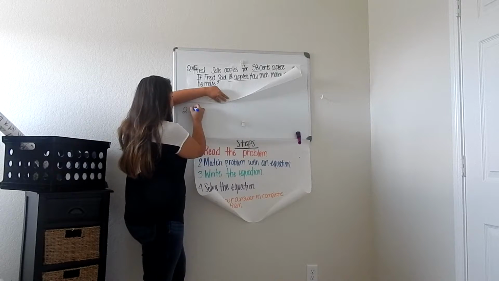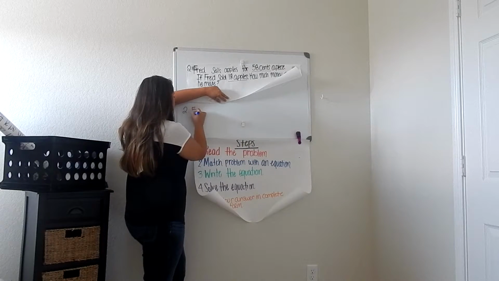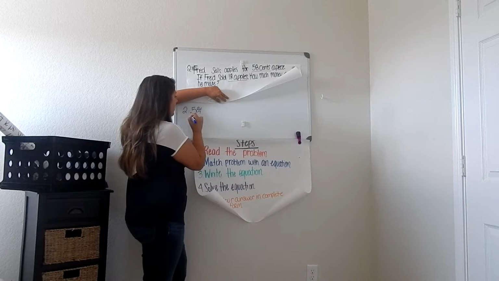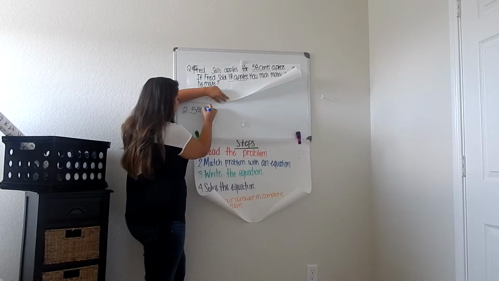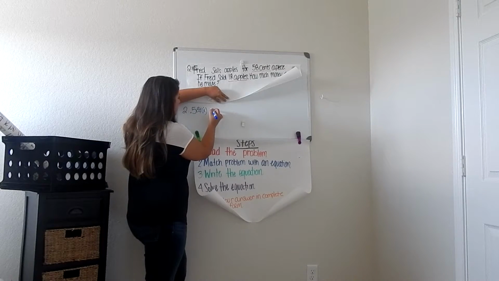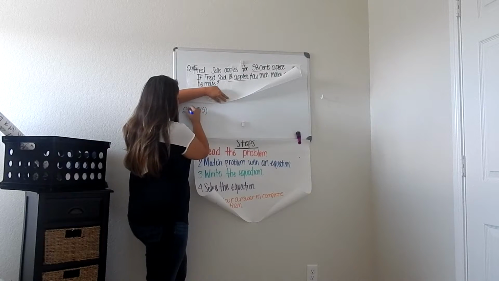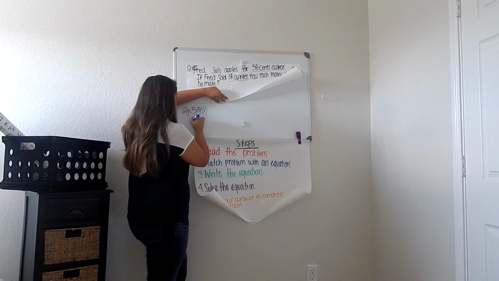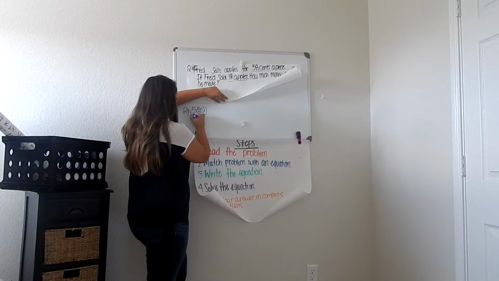Okay, so we have to find how many, so 58 cents per apple, right? Okay, so we're trying to find that. That's our x, right? Okay, so y equals. Okay, so we're going to be doing cents a piece.